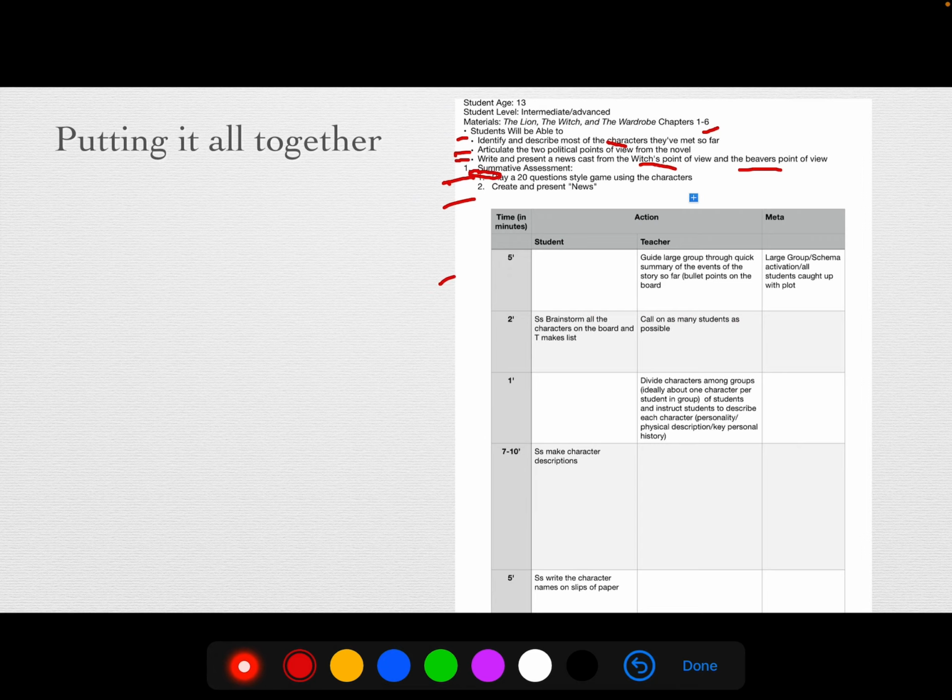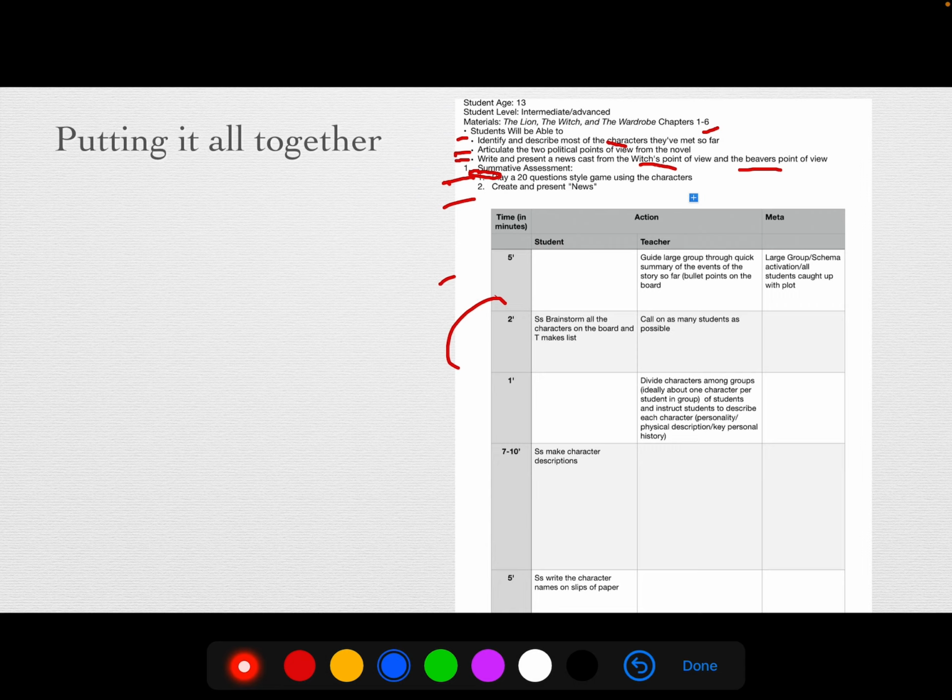So after I've done that, we're just going to brainstorm a list of characters. I will call on someone. I actually have a phone app that I use for this, where I put all of my students' pictures and names, and it will randomly select a student in the class and go through all the students so that I know I've called on everyone.